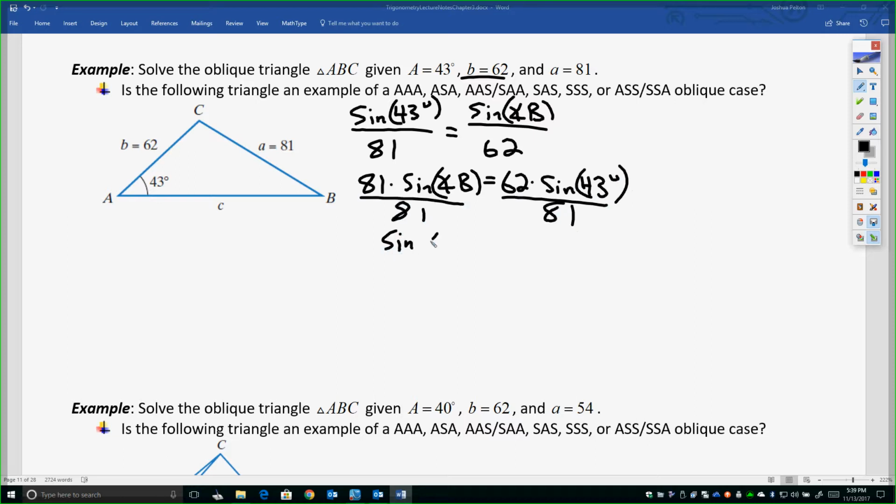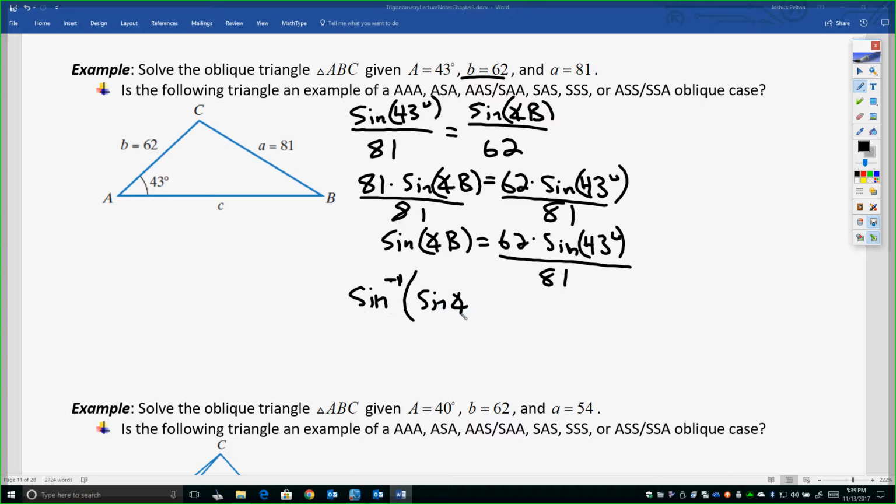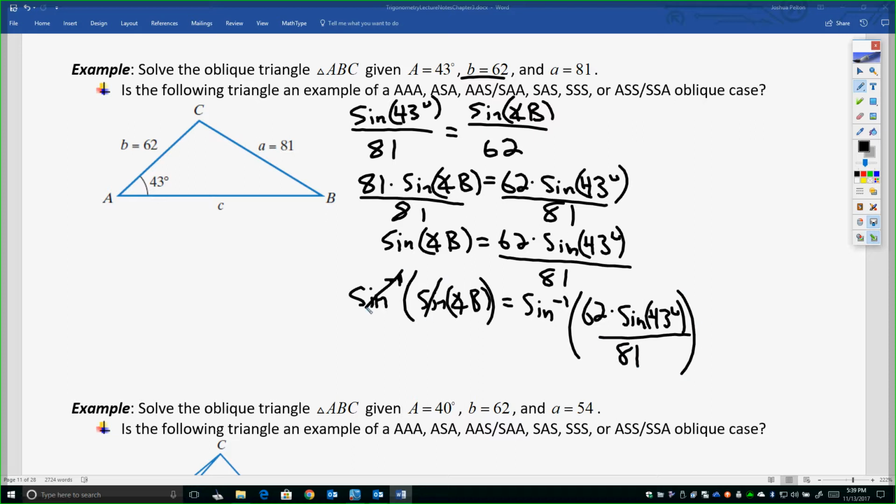So sine of angle B equals 62 times sine of 43 over 81, and we have to inverse sine both sides. This time in the calculator it will work.